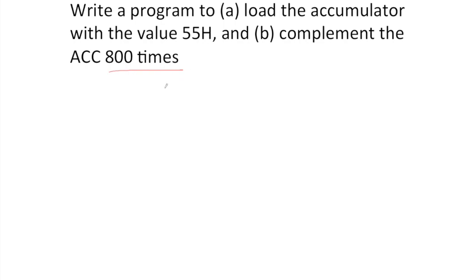So let's start by moving the number 55 in hexadecimal over to the accumulator. Note I'm going to use the immediate value, therefore I need to precede it with #, and 55H, where H symbolizes this is hexadecimal.